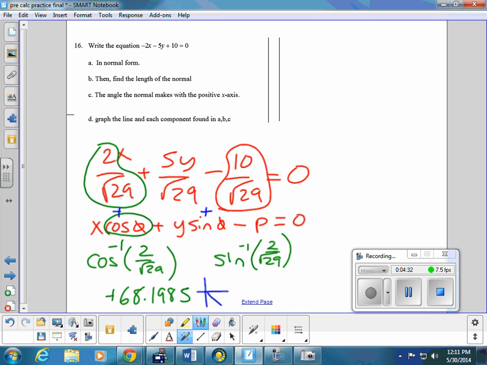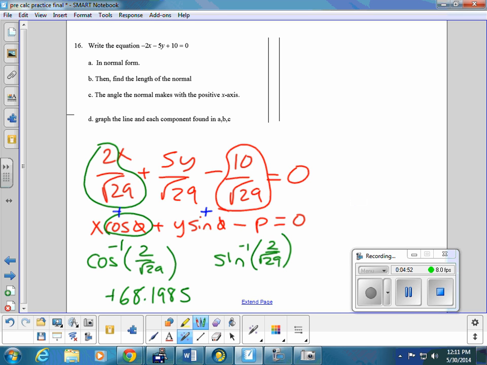Sine and cosine are positive, so you're in the first quadrant. So theta is 68 degrees, and when you draw it on your graph paper, you'll see it's like a 68 degree angle.